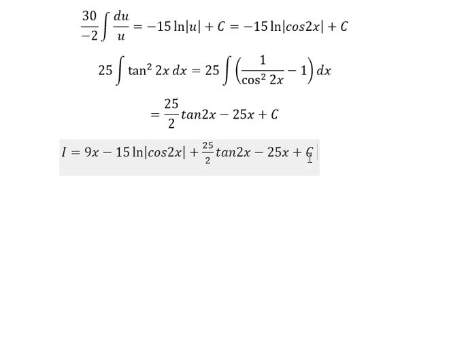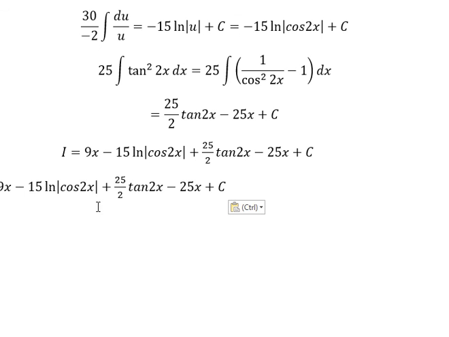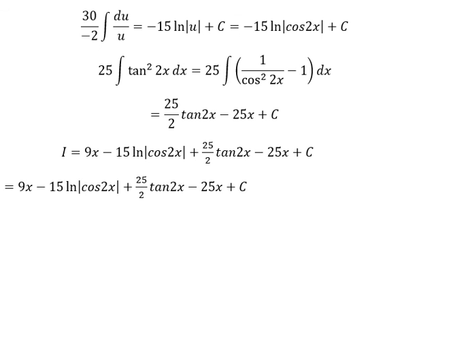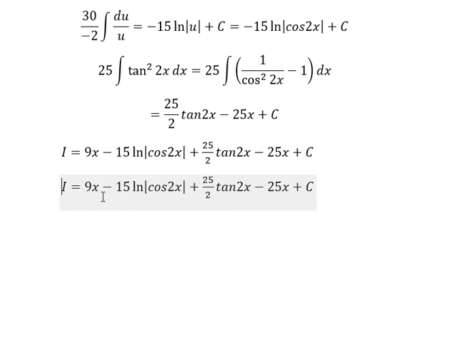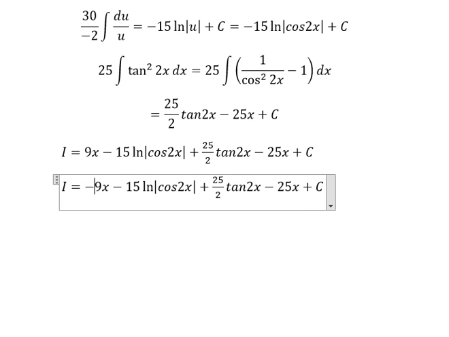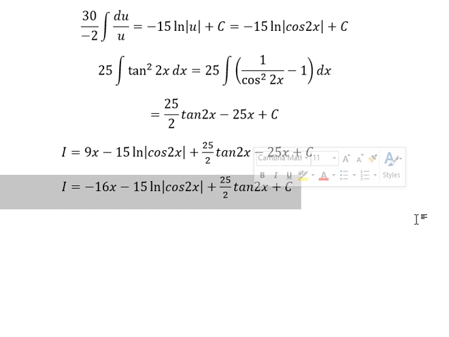After we calculate everything, we simplify. We have 9 minus 25, which is negative 16x. And this is the final answer.